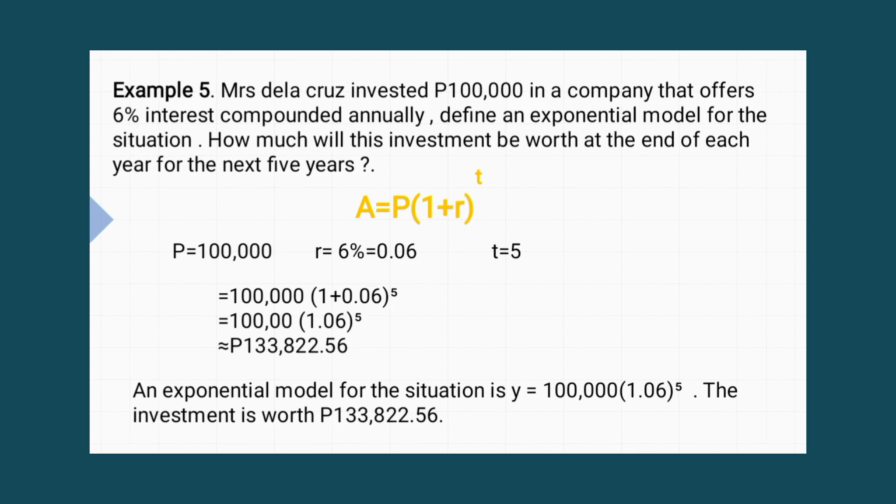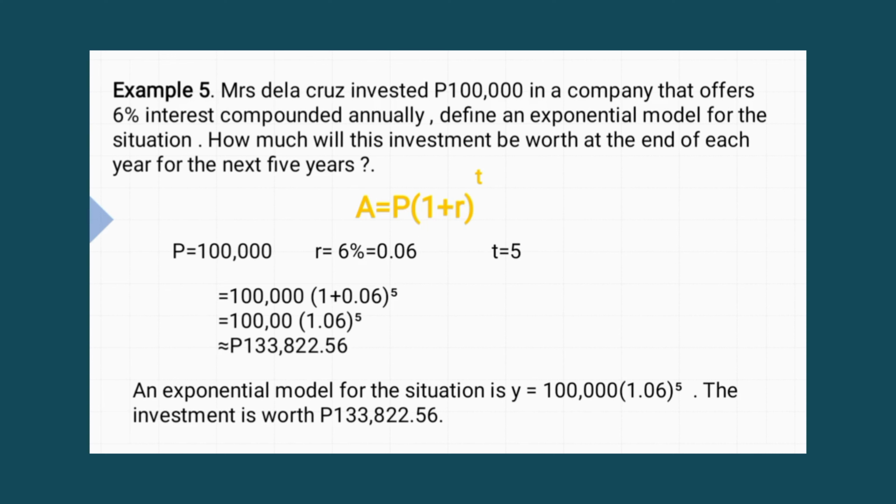So A is equal to P times (1 plus R) raised to T. The equivalent of P is 100,000 times 1 plus the equivalent of R, which is 0.06, raised to the time, which is 5. So it is equal to 100,000 times 1 plus 0.06, which is 1.06, raised to 5.